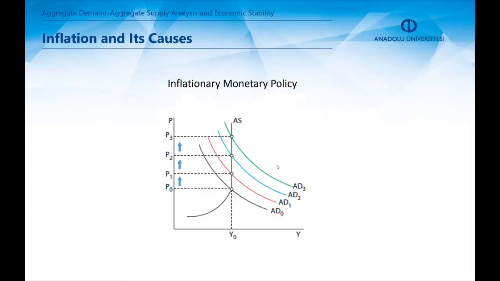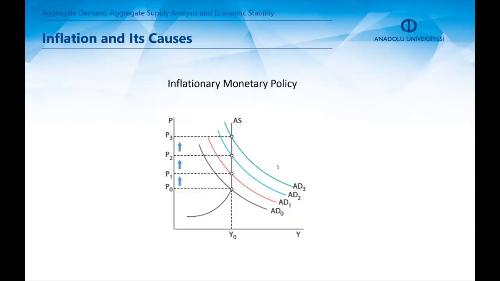Or, for example, we can easily understand inflationary monetary policy. Inflationary monetary policy basically means that you always increase the aggregate demand in the economy, so this increase in aggregate demand always causes higher and higher levels of inflation.